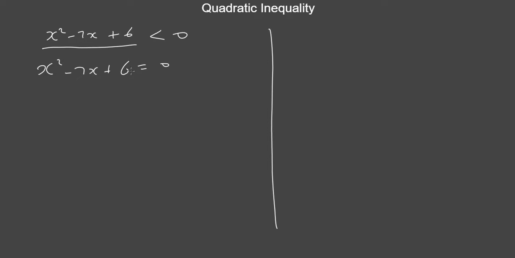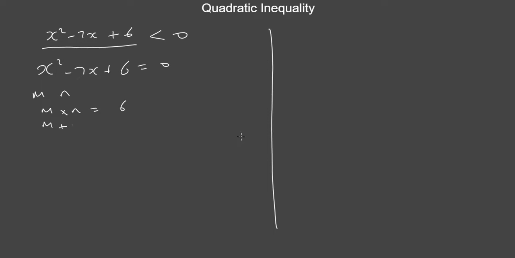So to solve this using the factorization method, I'm going to look for two numbers. Let's say those numbers are m and n. When I multiply them, I'm going to get the product of the coefficient of x squared times 6, so that will give 6. Then when I add up those numbers, I'm supposed to get the coefficient of x, which is minus 7.